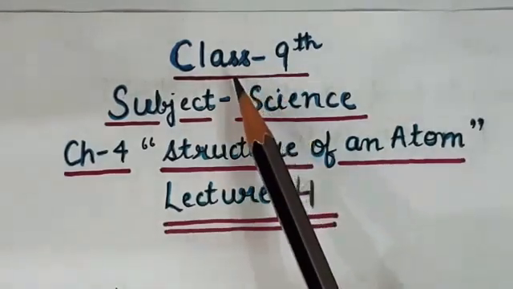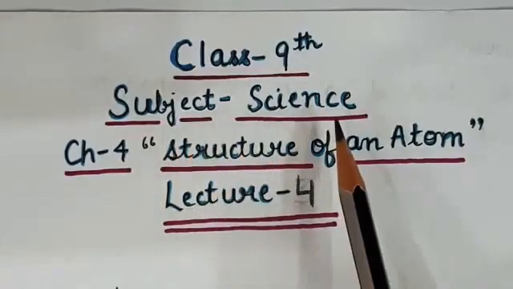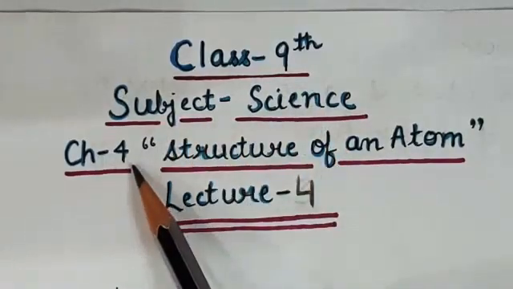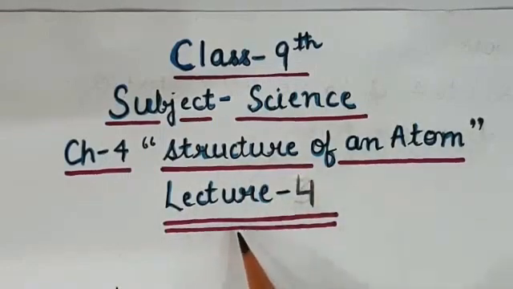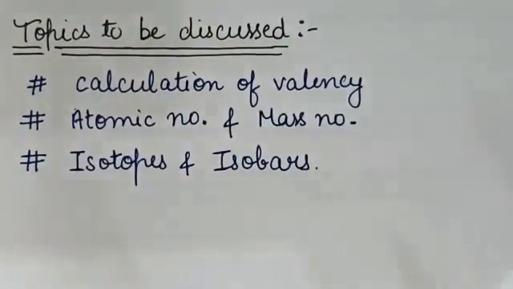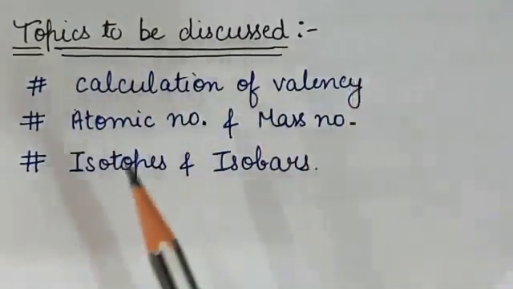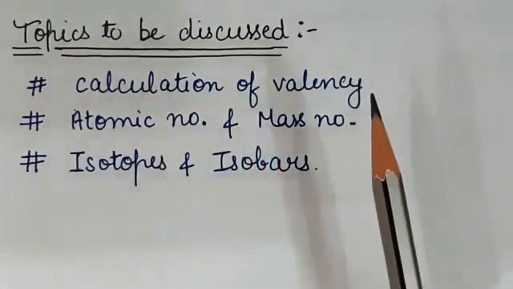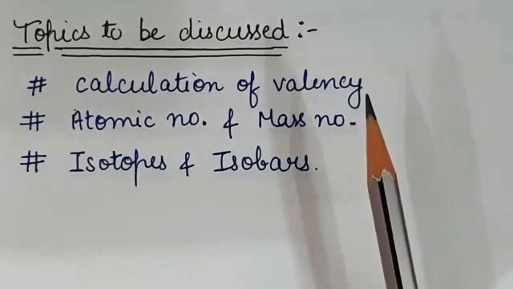So this video is for the students of class 9, subject science, chapter number 4, that is structure of an atom. This is your lecture number 4. Today's topics to be discussed in this lecture are calculation of valency, means how to find the valency of a given element.